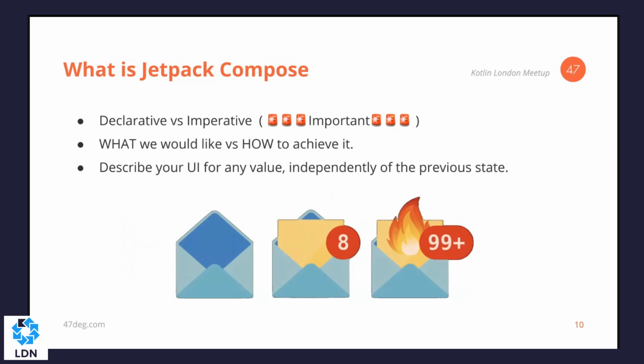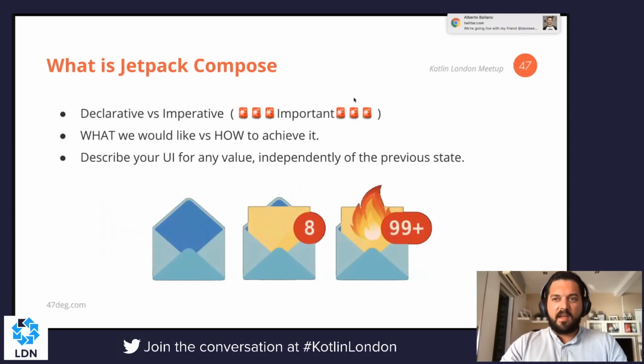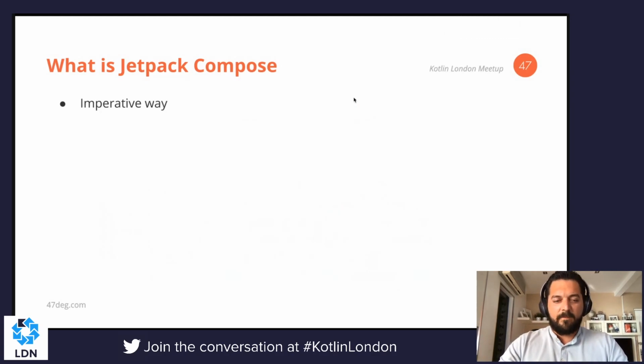The first key concept I'm going to explain is the difference between declarative versus imperative, meaning what we would like to see versus how to achieve it. This means that we will be describing the UI for any value independently of the previous state. If we want to represent or update the count of this example, this is how we would do it in the imperative way.